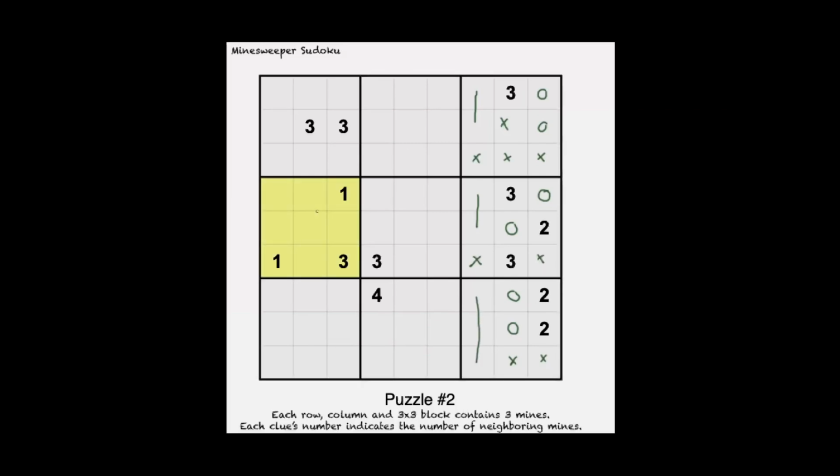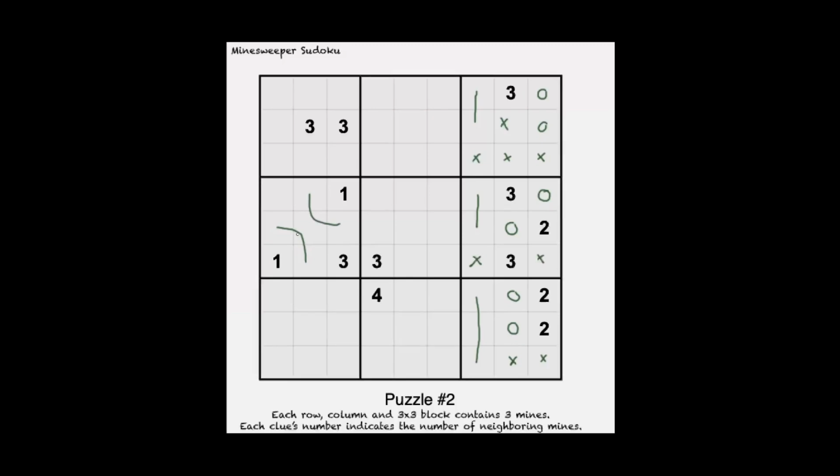Now, looking over at this block here, there's something interesting going on. This 1 can only have a single mine as a neighbor, so these 3 cells may or may not have a mine in them. And the same situation with this one here. These 3 cells may or may not have a mine.